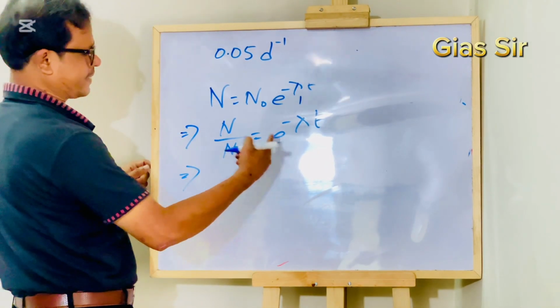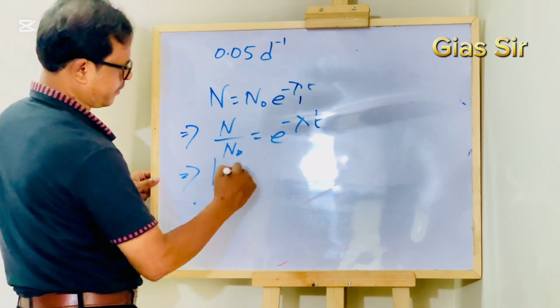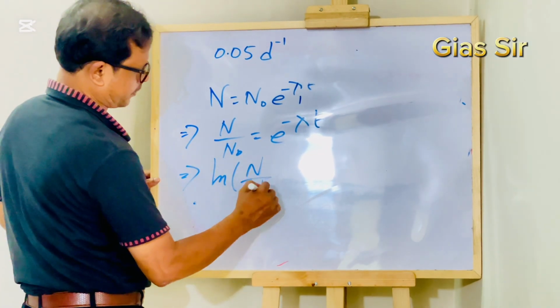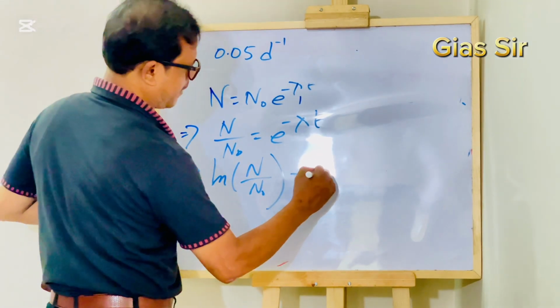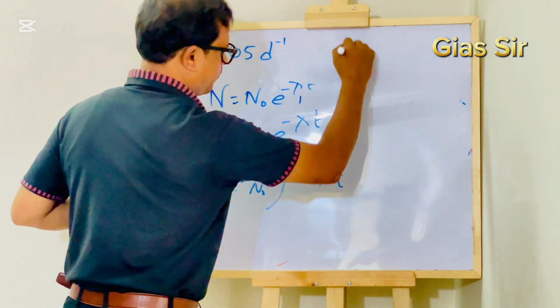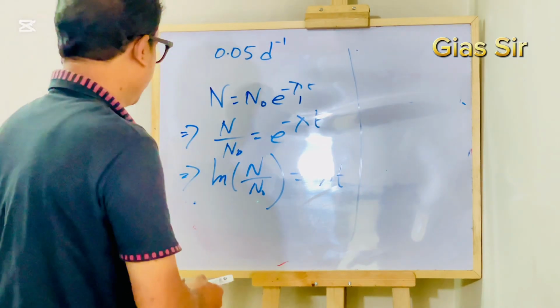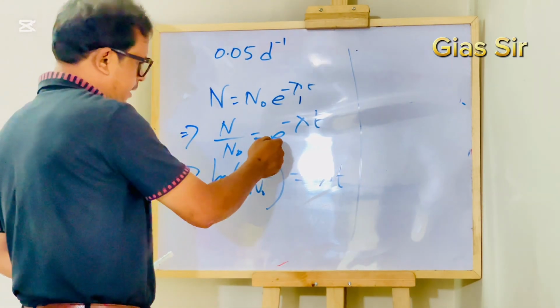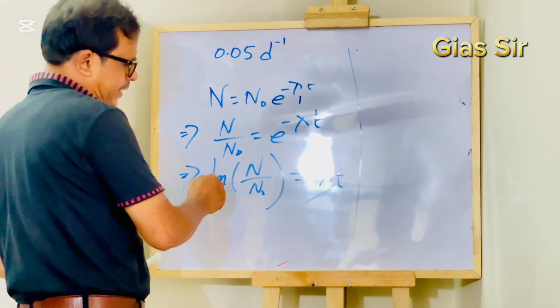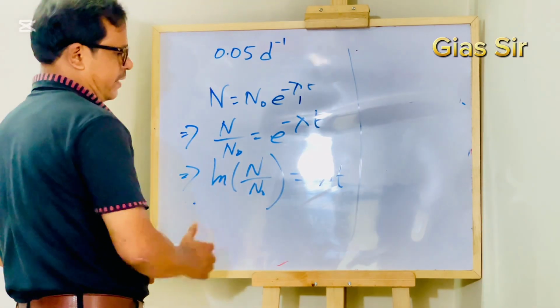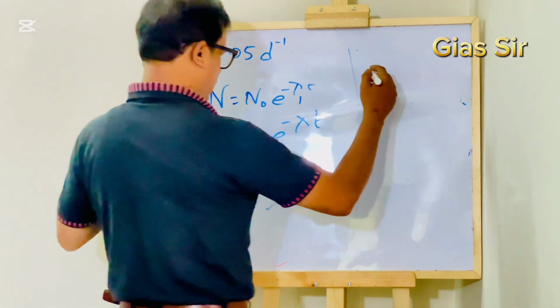This e side we can write like this way: N over N naught equals e to the power minus lambda t. This process we have to know. This is mathematics, not physics.